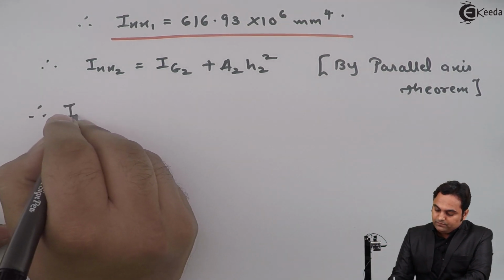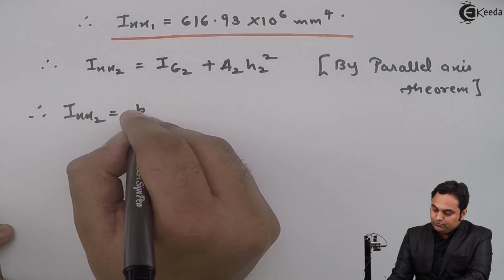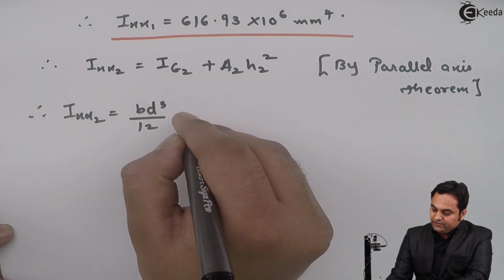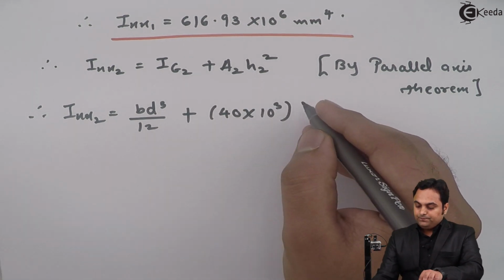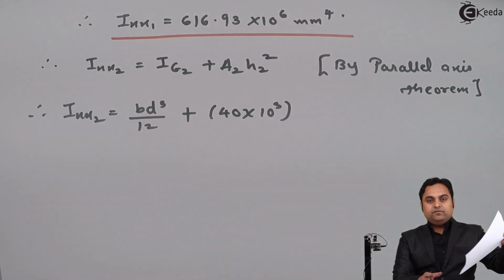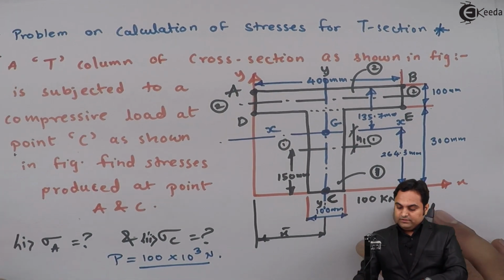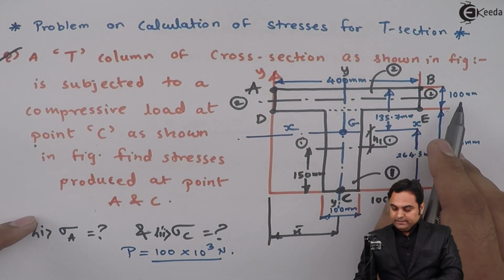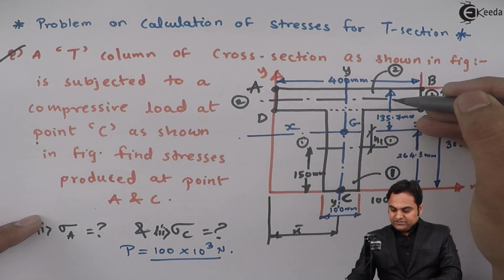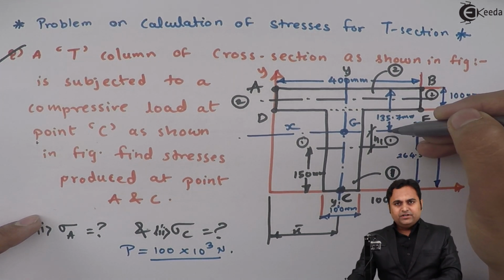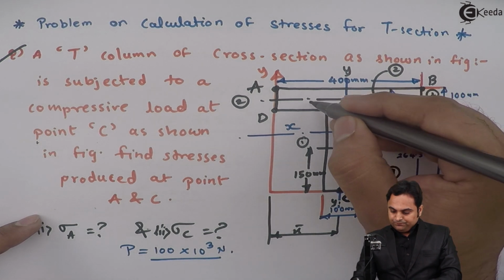So Ixx2 is Ig2, BD cube by 12, area 2 is 40 into 10 raised to 3, h2. Here we have the x-axis of rectangle 2 and the x-axis of the complete section is at 135.7 mm from top.